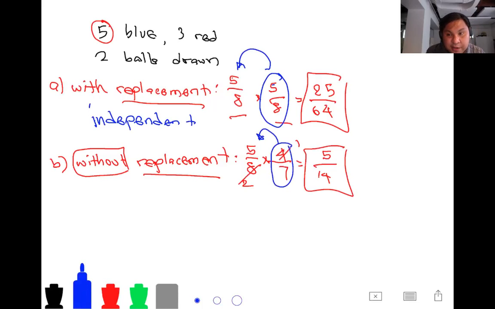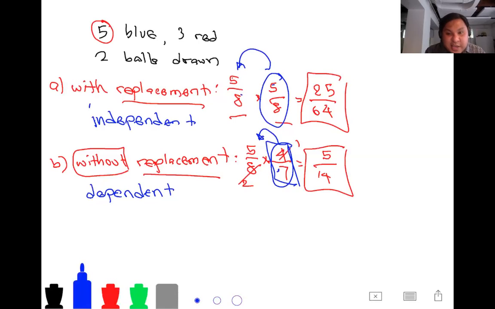Therefore, drawing without replacement gives dependent events, because the probability has changed. It's different from multiplying the individual probabilities as if there was replacement.